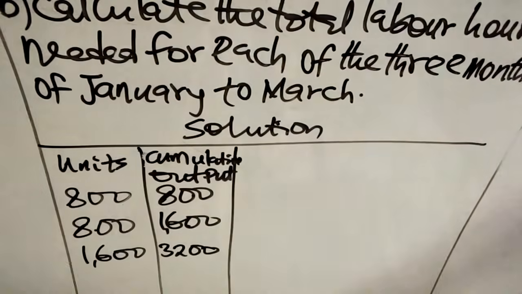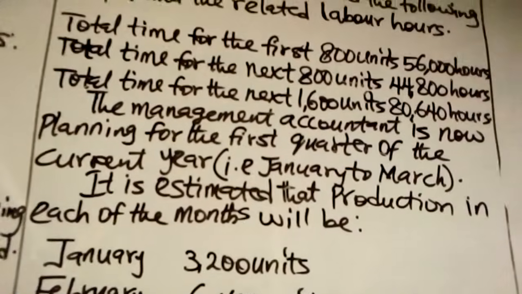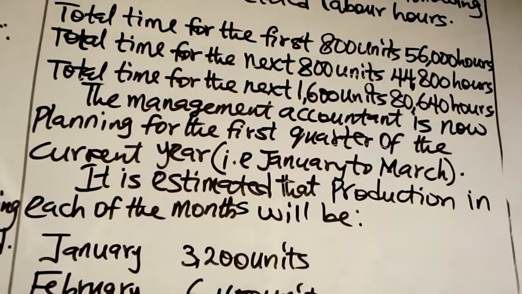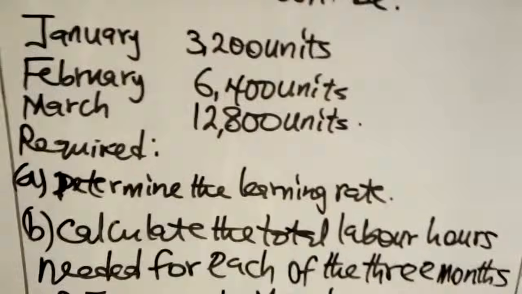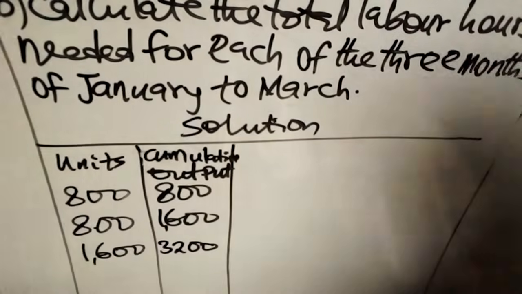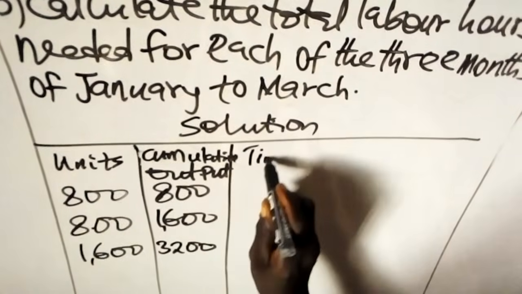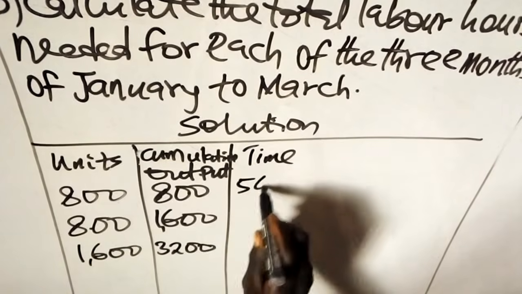Then, the time you are given. For the first output, you are given 56,000. The second one, 44,800. And the third one is 80,640. So the time is, let's have the time. The first one is 56,000 hours.